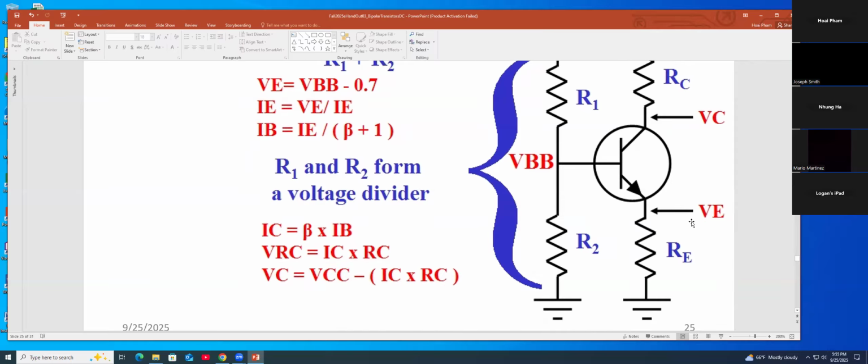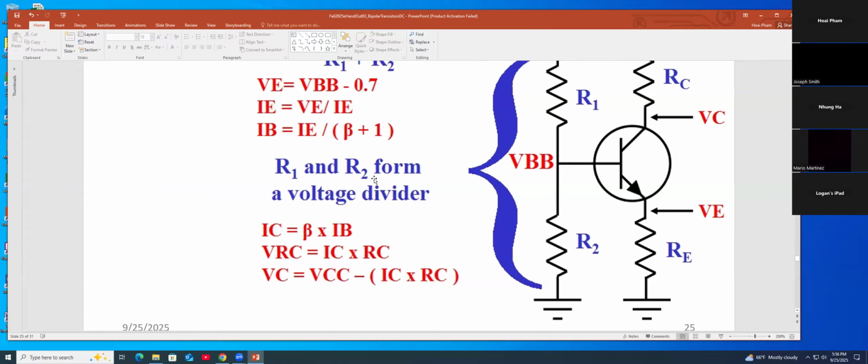And after you get VE, it's easy to calculate IE. IE equals VE divided by RE. And after you get the IE, you can calculate the IB, equal IE divided by beta plus 1.